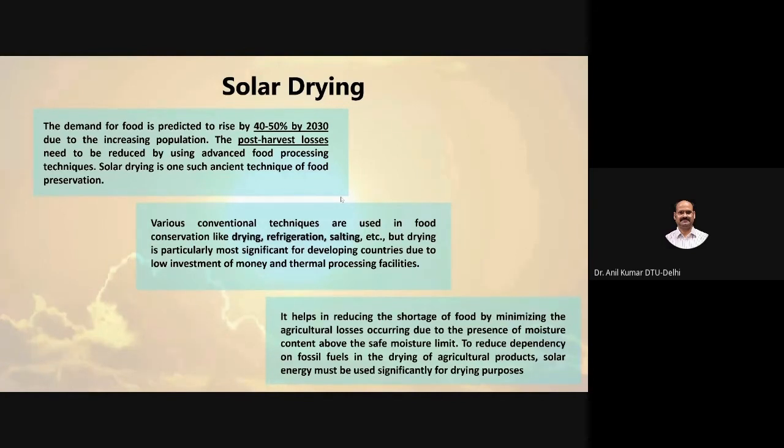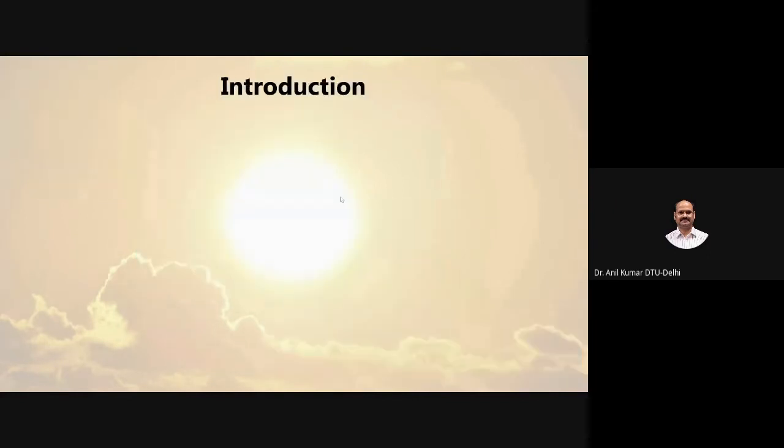A lot of energy needs to be consumed for extracting the moisture content in food, whether it is a crop or a fruit. So we can reduce the post-harvest losses with the help of solar drying, for later use, right?